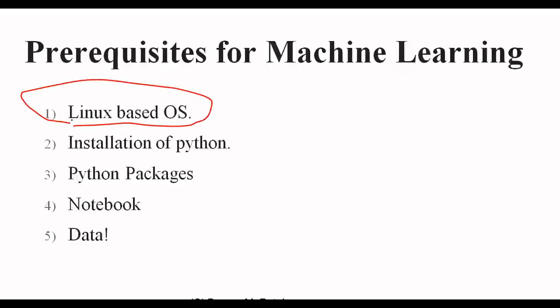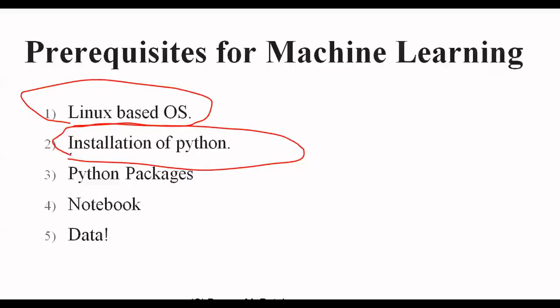So you will get support from a lot of libraries, a lot of data sets, and a lot of programming languages will be available to you. Then you can start with Python, which is a quite simple programming language, and eventually you can move to R and other complex programming languages for machine learning.